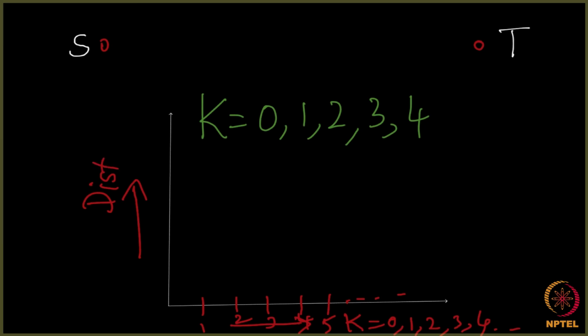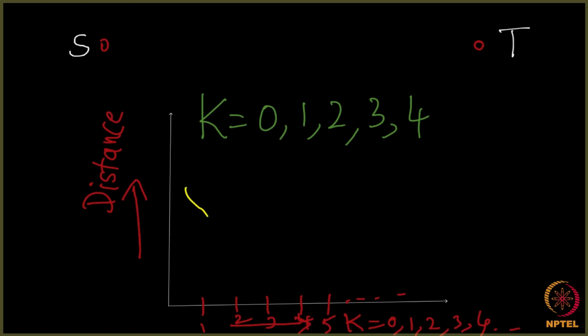The distance covered when you take the typical search algorithm, when you go to the next node and then you check how far is the target, and you go to the next node that is closest to the target, and so on. When you do this, you will observe that when k equals 0, k equals 1, k equals 2, etc., the plot looks like this. Let me write it nicely.